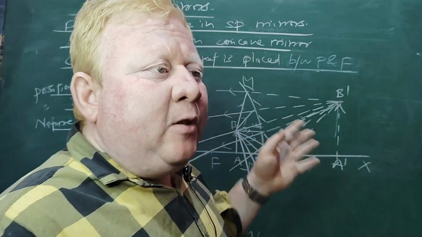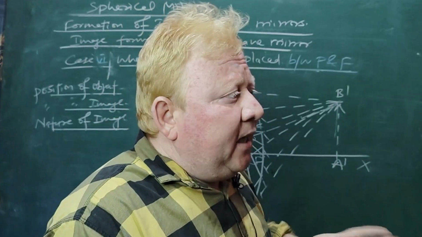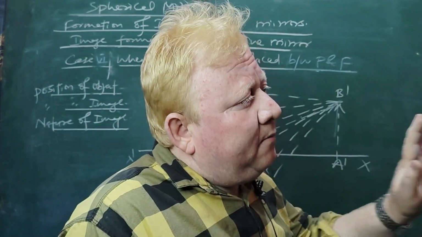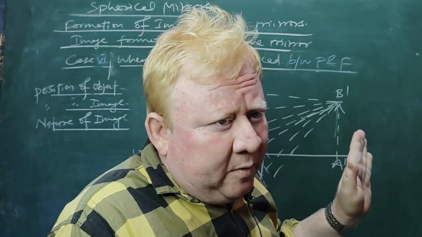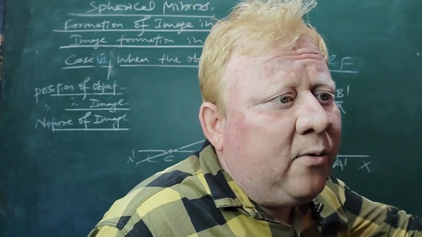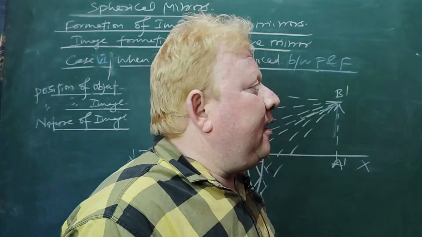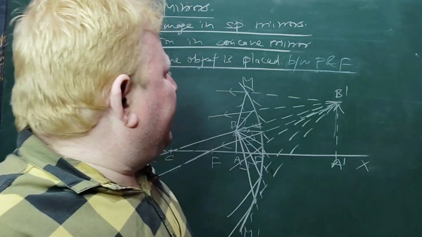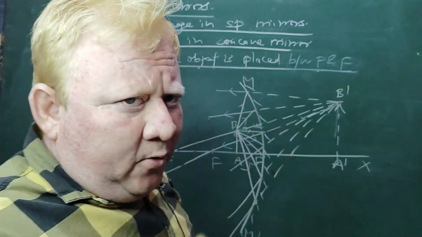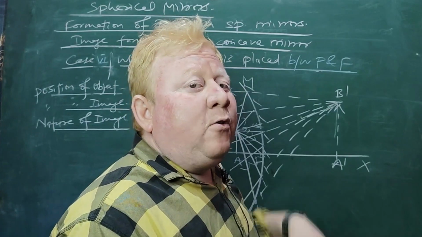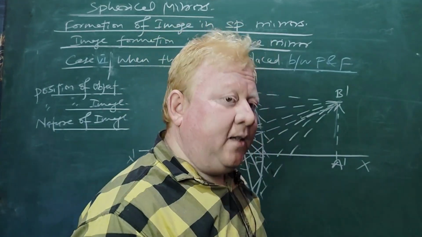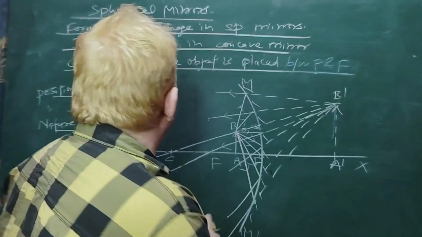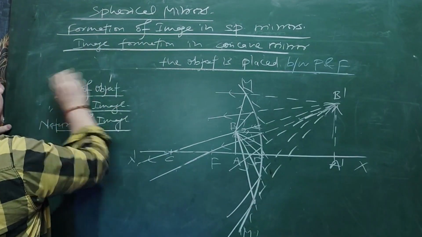We saw that when the object was placed at infinity, the image was formed at focus, and when you make the position of the object a little closer, the size of the image goes on increasing, right? So in concave mirror, size of image is increasing, and of course in convex mirror you will see how the size of image is decreasing. So let us go for convex mirror.